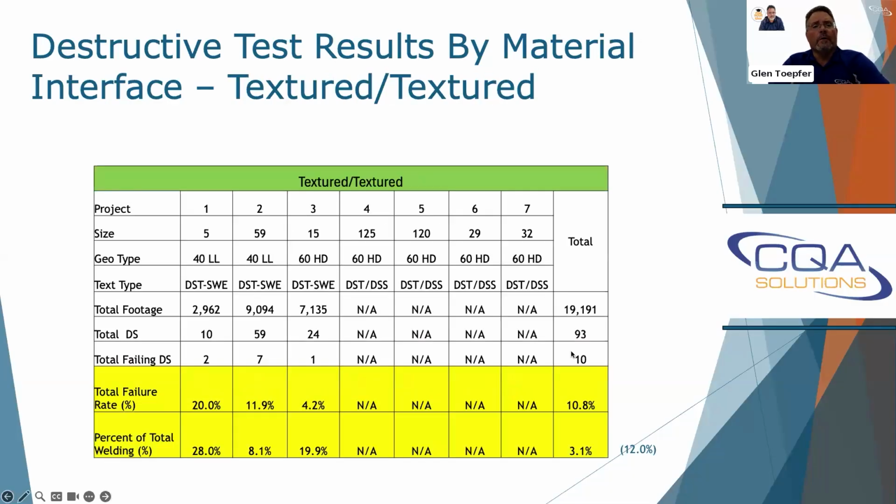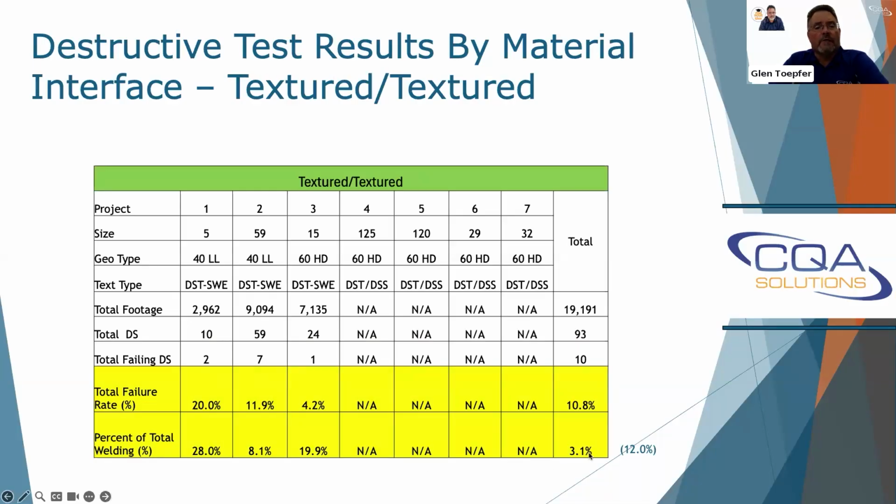Then you get into the textured to textured, and unfortunately we only had 3 projects that had this interface out of the ones we had data for at the time. You can see that they averaged a failure rate of about 10.8%, and they ranged anywhere from 8.1% to 28%.